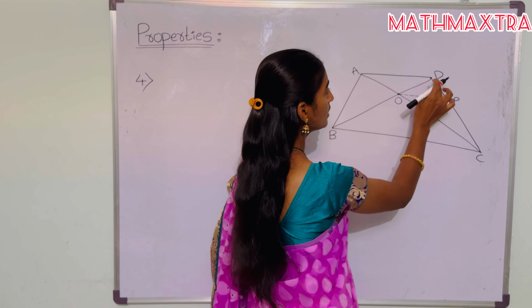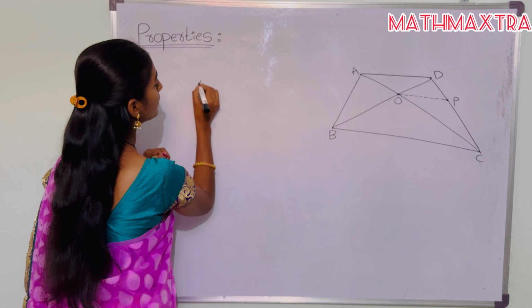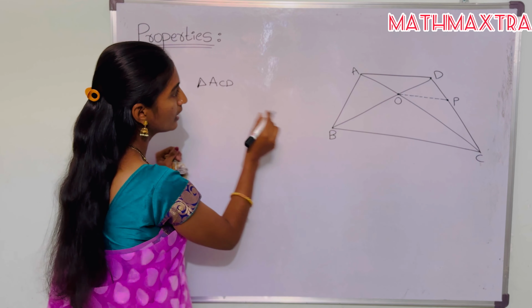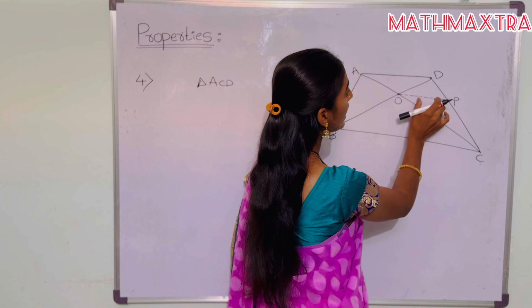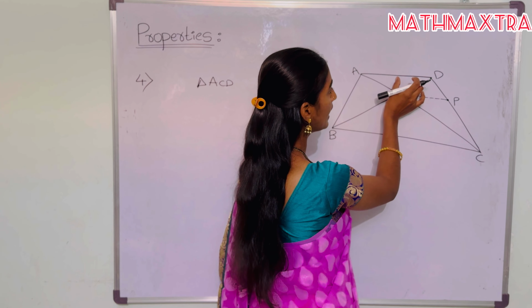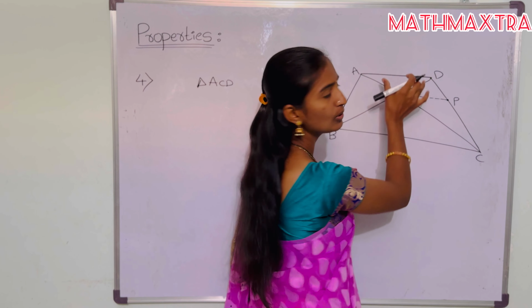I am taking this triangle, triangle ACD. I am drawing a parallel line to AD. This is the AD line. So I am drawing OP parallel to AD.